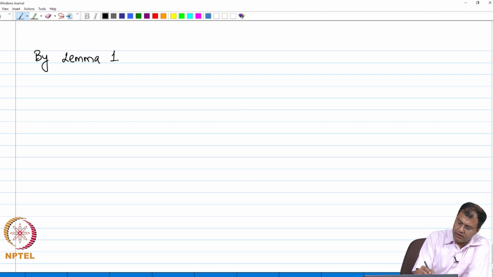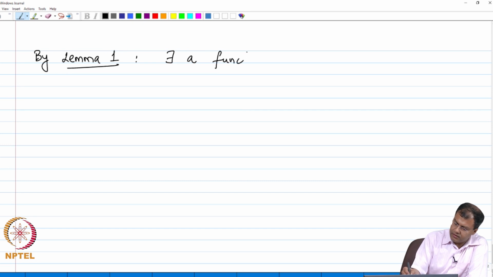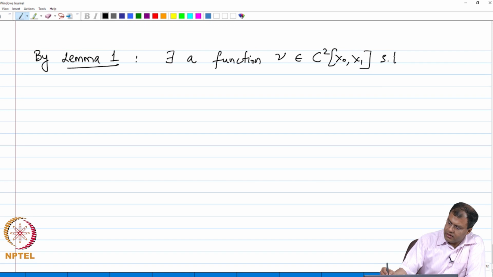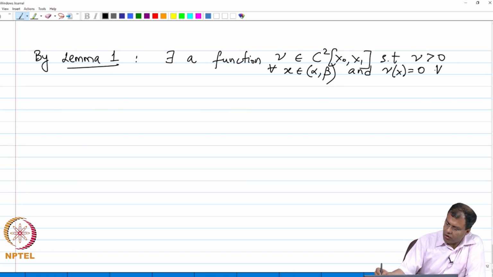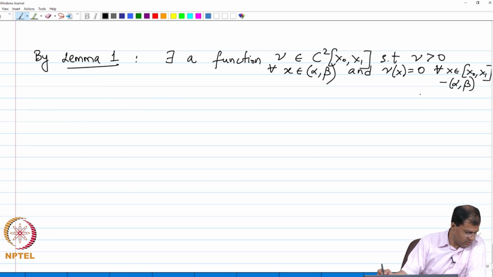So, by lemma 1, it implies that there exists a function nu which is second order differentiable, and nu is positive for all x inside the interval alpha beta, and nu is 0 for all x from x 0 to x 1 minus the values inside the interval where nu is positive, right.